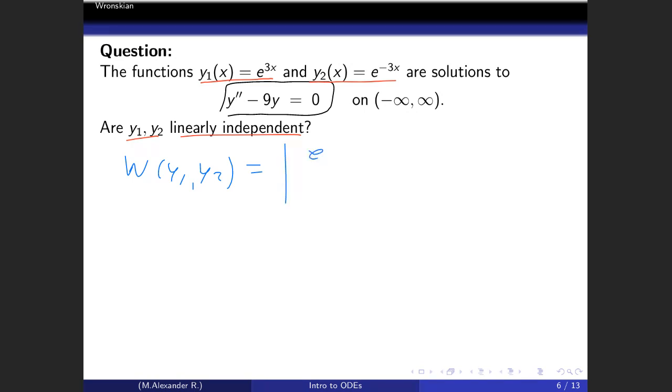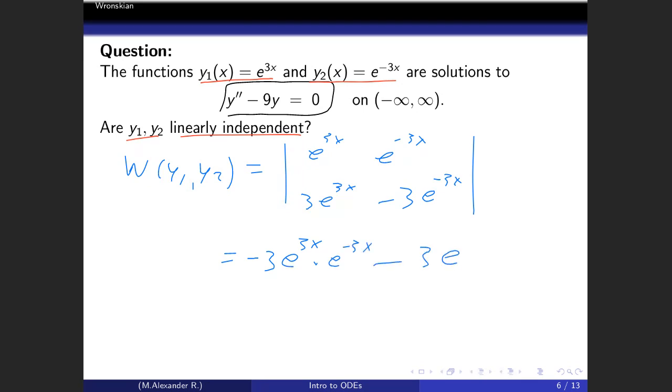So we have the functions e to the negative 3x, and then the derivatives, 3e to the 3x and minus 3e to the negative 3x. Then we have to cross multiply. So let me write it out. Negative 3 multiplied by e to the negative 3x, minus 3e to the negative 3x multiplied by e to the 3x.